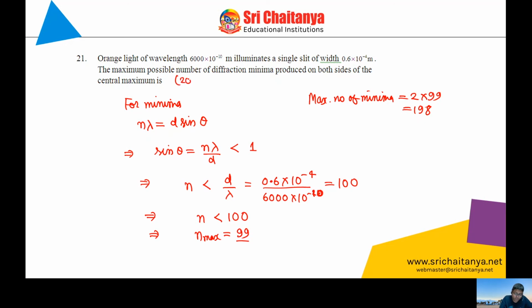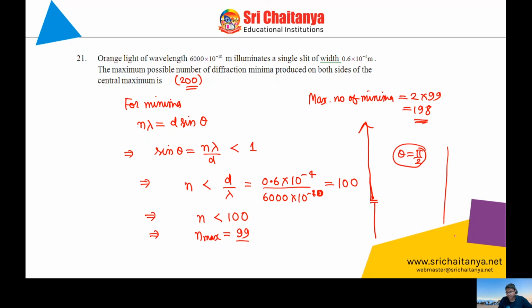Okay, so according to my opinion it should be 198, because theta equal to pi by 2 is a theoretical value only. For example, this is the slit and this is the screen. If theta is equal to pi by 2, the wave will emerge in this direction and may never reach the screen.